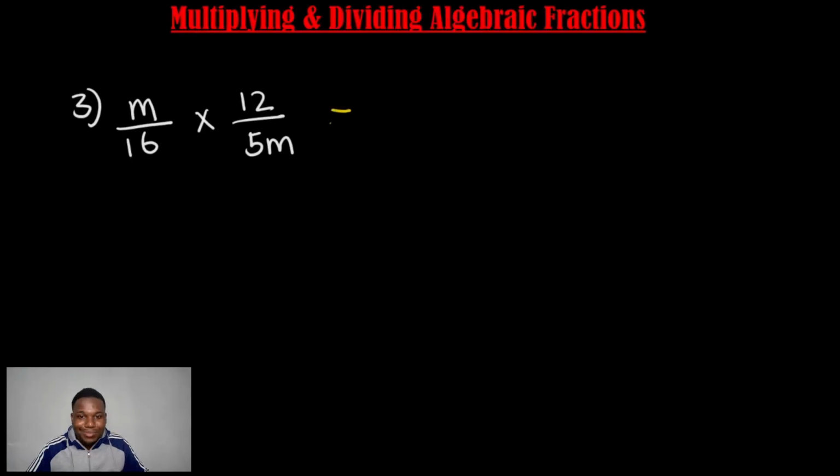We are going to multiply the numerators and multiply the denominators. So it'll be m times 12 to give us 12m, and it will be 16 times 5m to give us 80m. Now that we have one fraction, we are going to look if we can simplify anything. We see that both the numerator and denominator have the variable m, so we can cancel that.